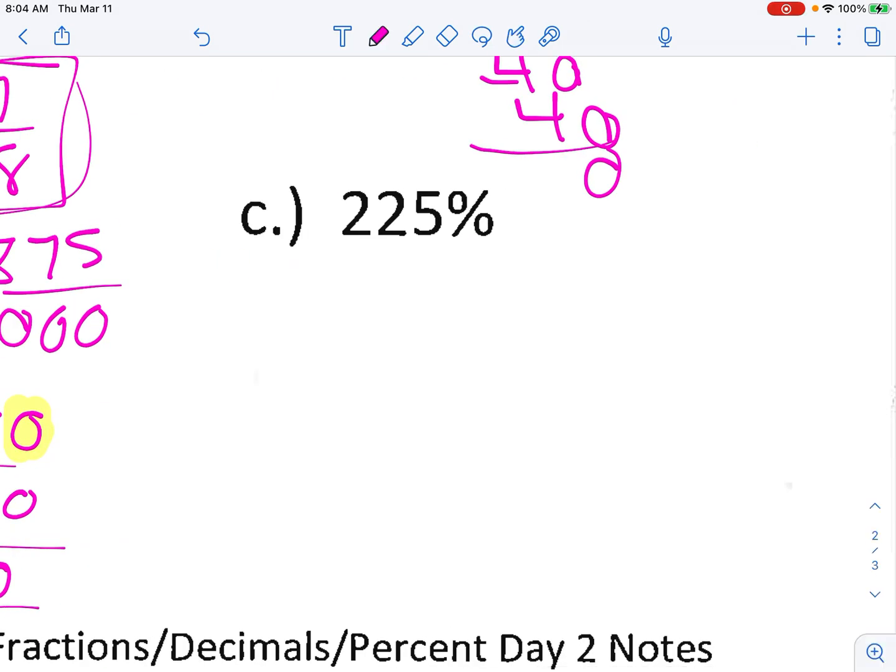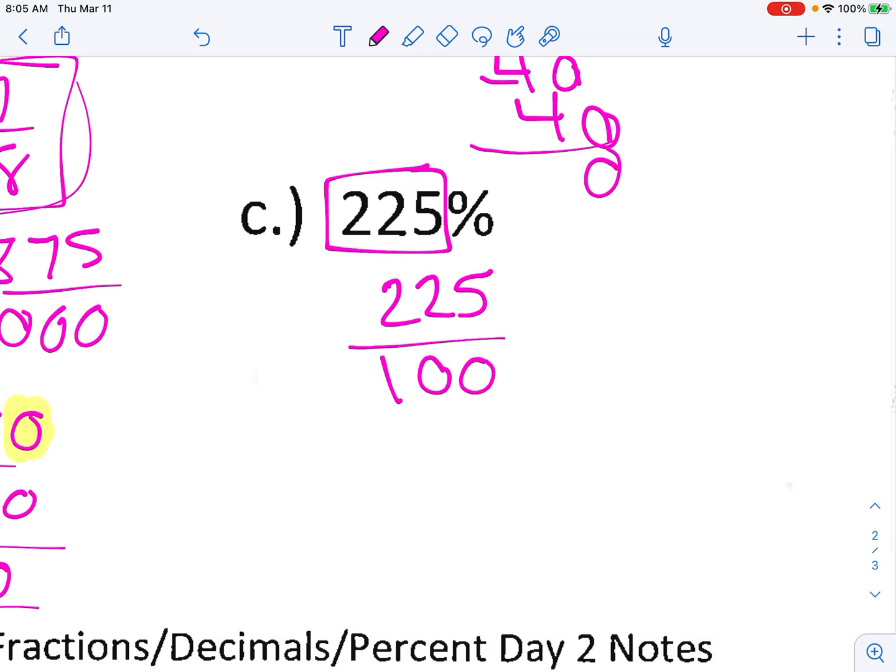Last one. Okay, so 225%. For this one, we're going to slide that decimal 2 places to the left. So that would be equal to 225 hundredths. So remember, percent always goes over 100.